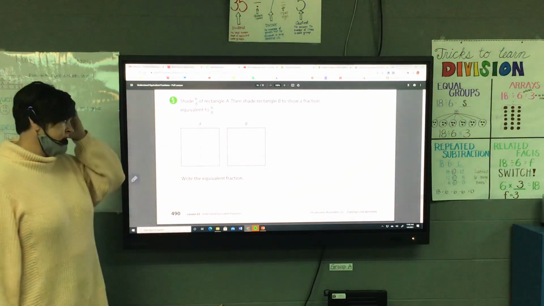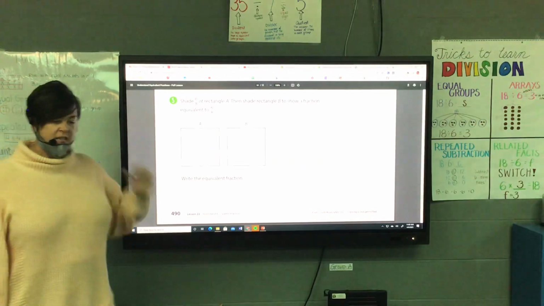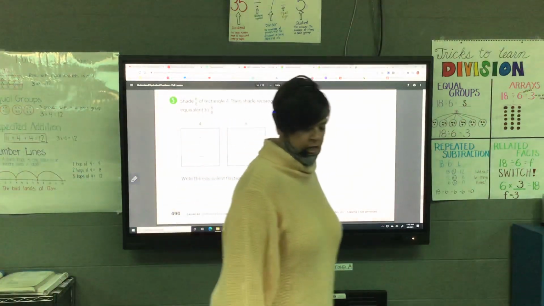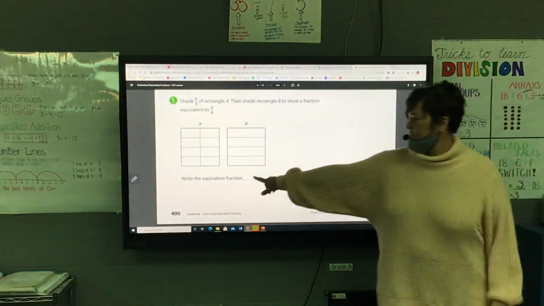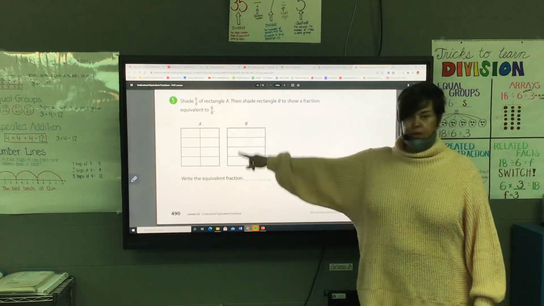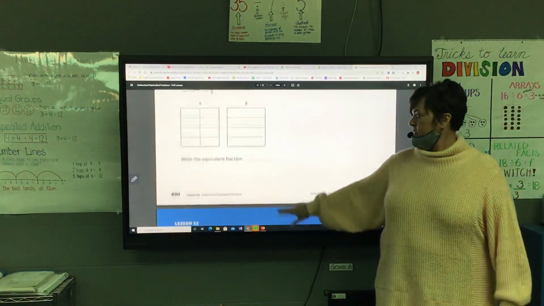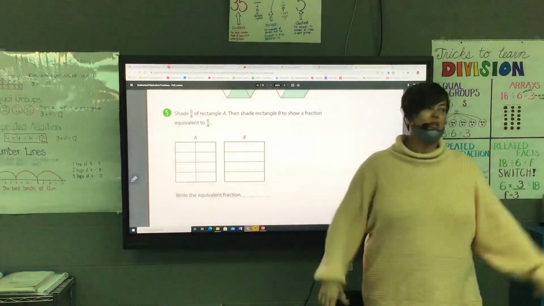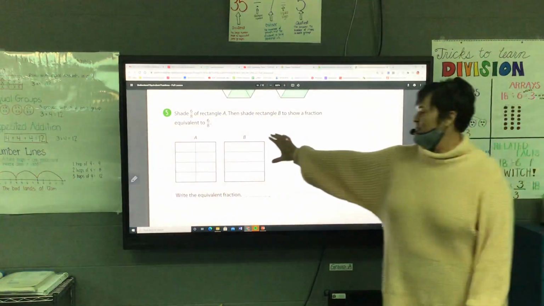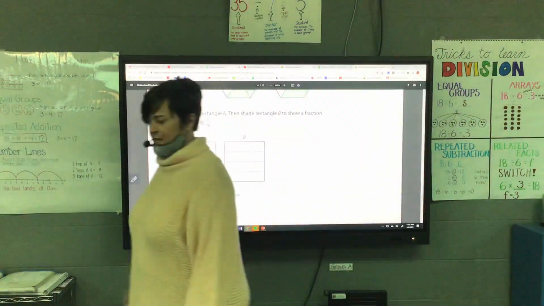So think about how you need to color it in to be able to show that they are equivalent. And then write the equivalent fraction for B on that line down there.